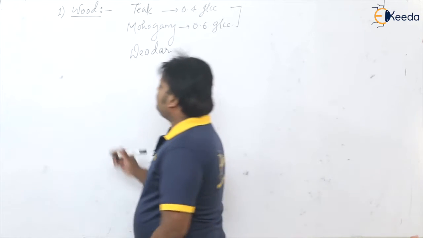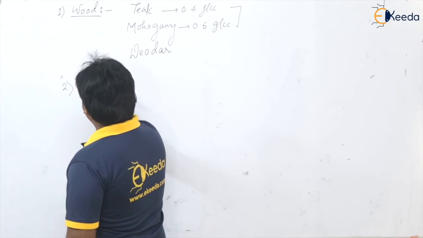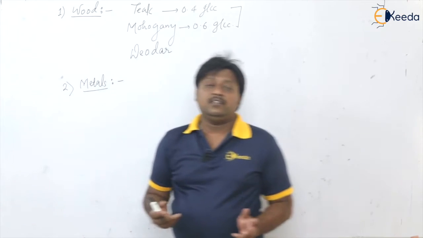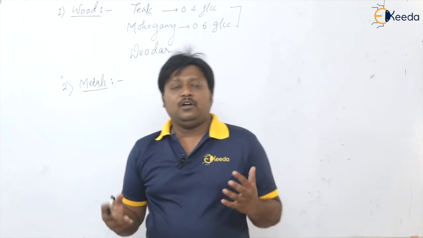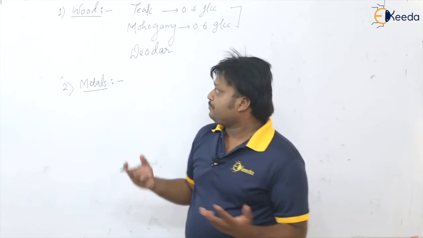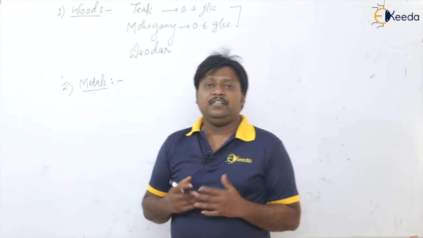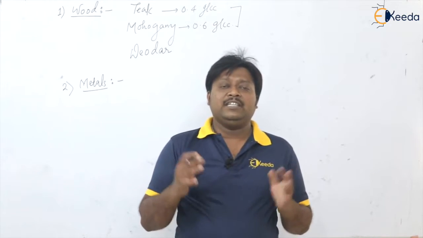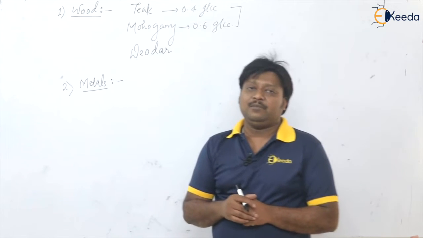Now the second important material is metal. When we go for metals, your production rate is quite high, you are doing mass production, so a number of patterns are required where you want no wear and tear of the pattern. In that case we go for metals as a pattern material.